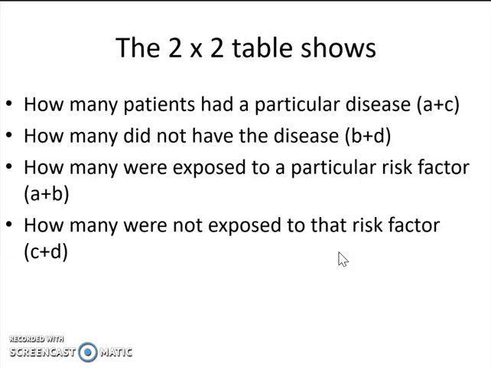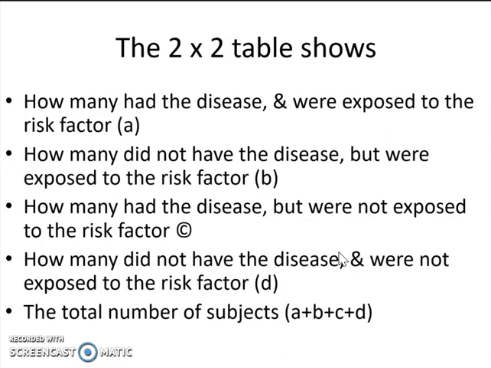It also shows how many had the disease and were exposed to the risk factor, how many did not have the disease but were exposed to the risk factor, how many had the disease but were not exposed to the risk factor, how many did not have the disease and were not exposed to the risk factor, and the total number of subjects.